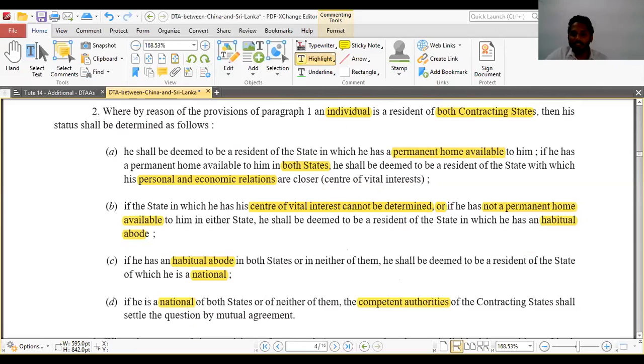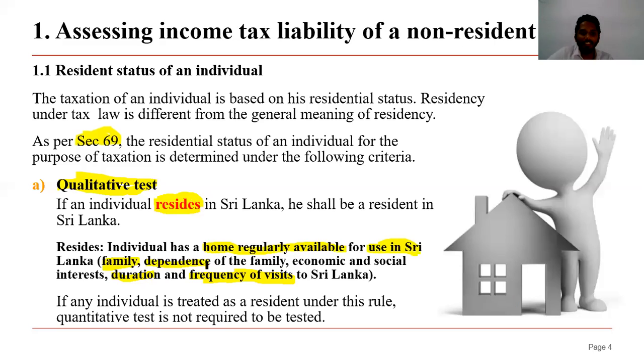Then how you are going to define the resident, let me share the tutorial again. Very interesting part. Here again, these are the things I have explained on the DTA, and the important points are highlighted.